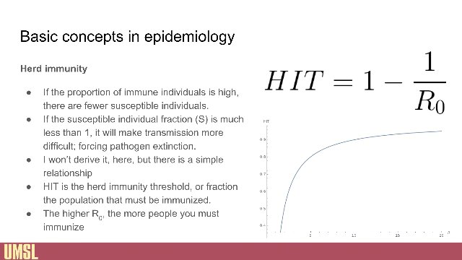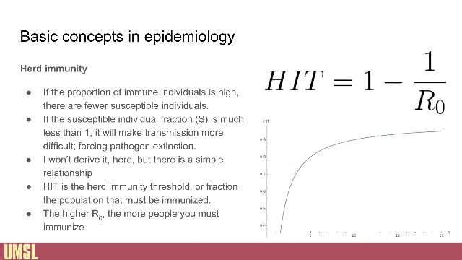And so one of your homework problems is to derive this equation, to make a couple of different assumptions about what we talked about before. So if the proportion of immune individuals is high, there are fewer susceptible individuals, correct? So if you're resistant to a pathogen, you've gone through that horrible daisy chain of getting sick and then you're fine, right? And if the susceptible fraction S is much less than 1, it will make transmission more difficult, forcing the pathogen to extinction, right?